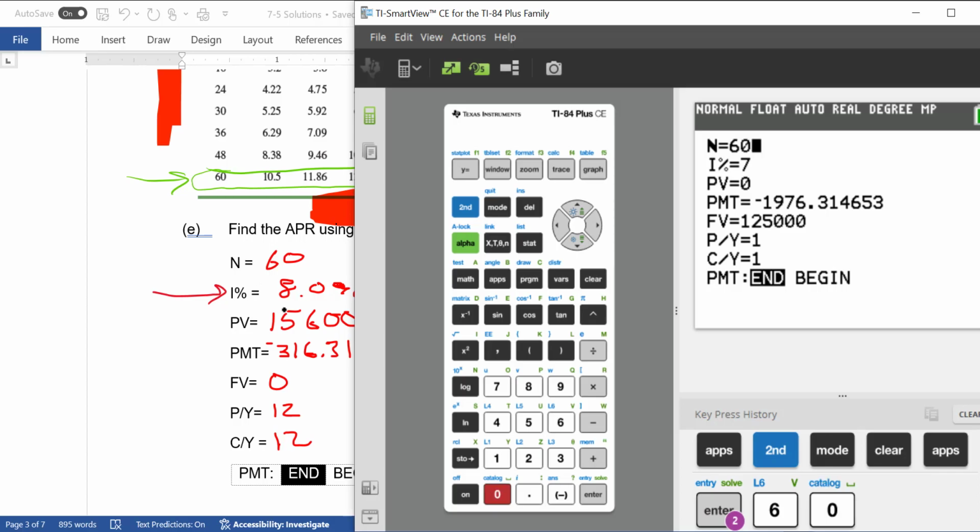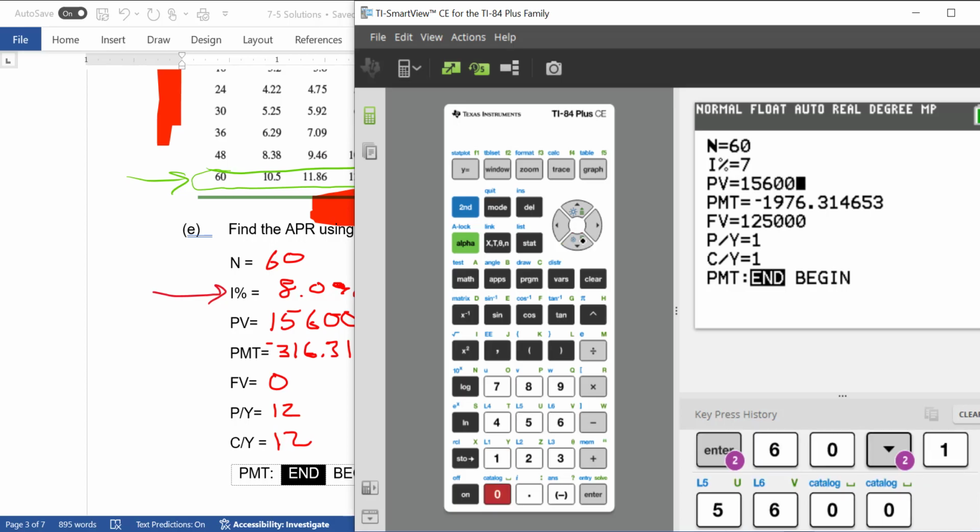So when you see this, I'm not going to do every single one of these here in the notes, but when you see this, this is the stuff that you got to enter in on that TVM solver. The interest rate is what you're trying to find out, so I'm going to leave that blank, or I can leave it as 7. That was from an old problem. So present value is the amount financed, so that's $15,600.